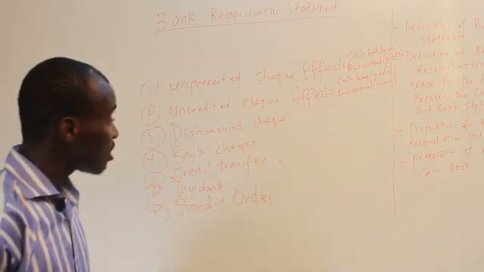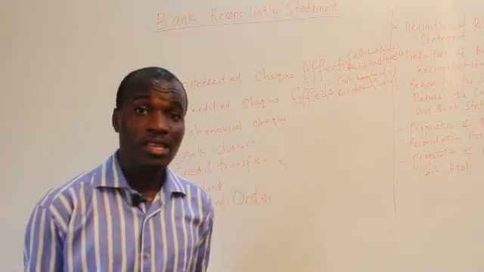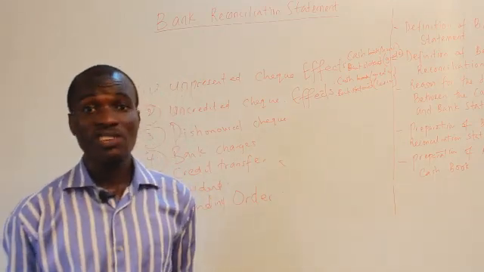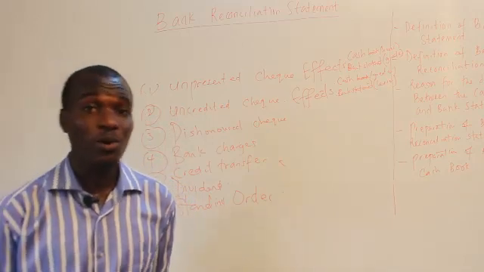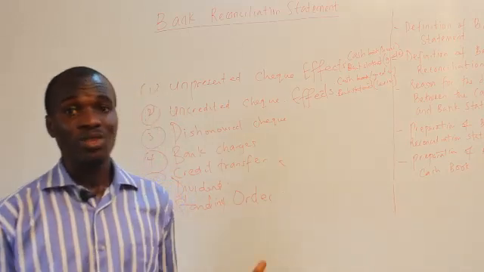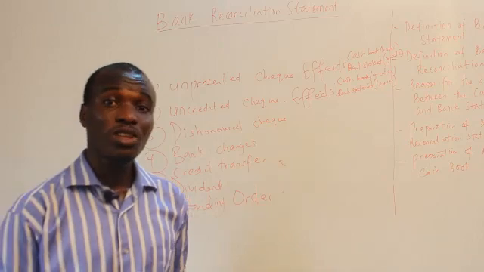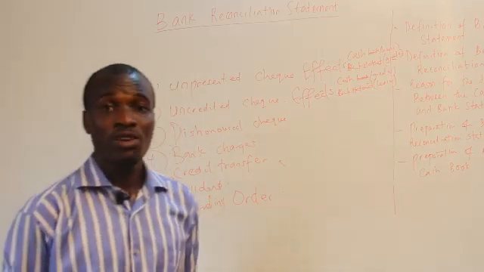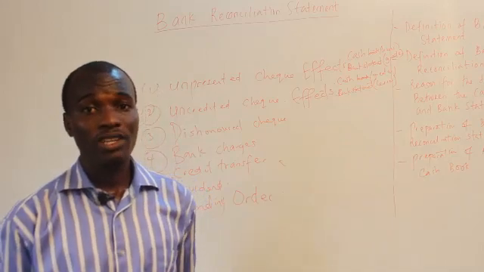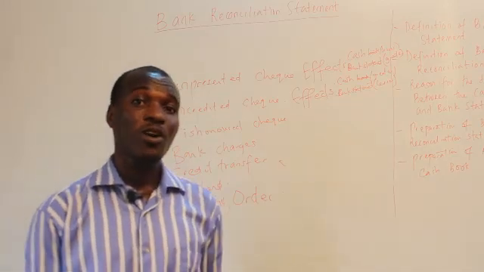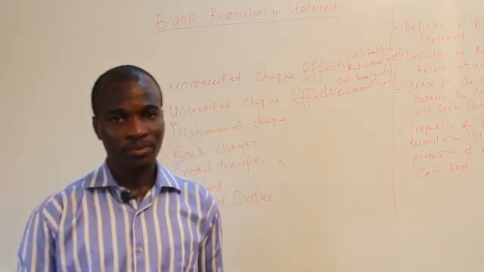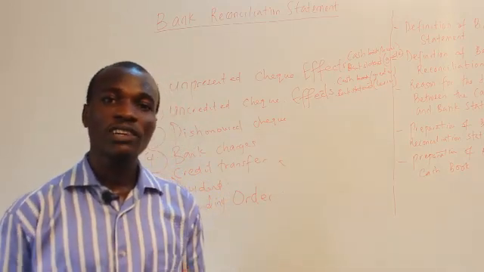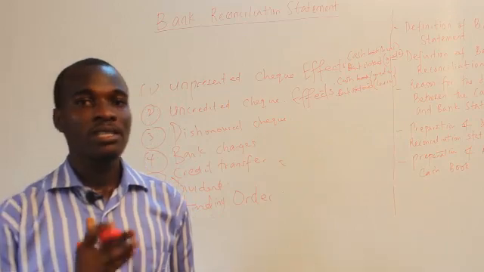So when such payment is made directly into the account of the firm, it means the bank statement must have been credited directly without the cash book being updated. So what will happen? The balance of the bank statement will be greater than the balance of the cash book, and the only way it can be corrected is to add the credit transfer to the cash book and deduct the credit transfer from the bank statement.